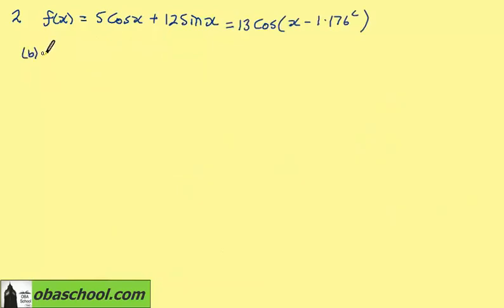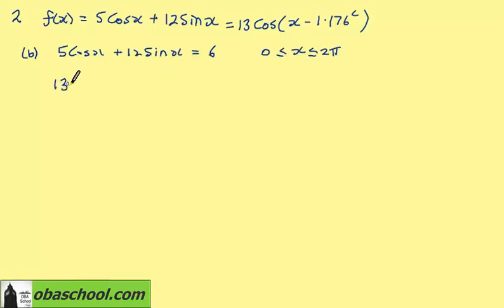In part B, we want to solve the equation 5 cos x plus 12 sin x is equal to 6 for values of x between 0 radians and 2 pi radians. We know from part A that we can replace the 5 cos x plus 12 sin x with this expression here.